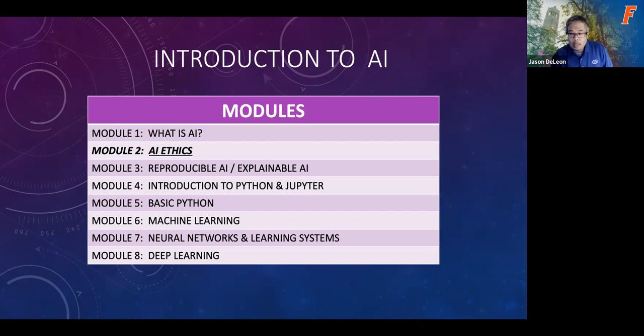So we explore things like bias and risk, harm and fairness, representation, privacy, and transparency. So it's not only about AI algorithms and models, but also the data, how it's collected and used, which leads us into Module 3, reproducible AI and explainable AI.